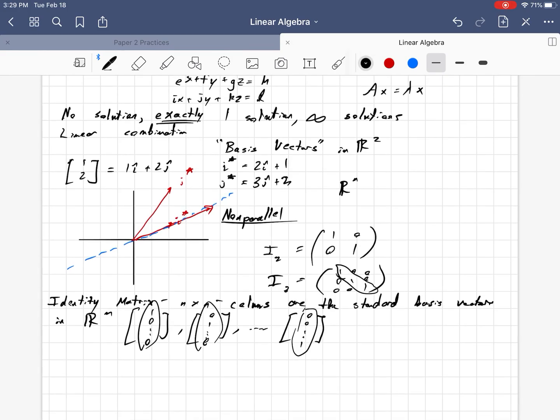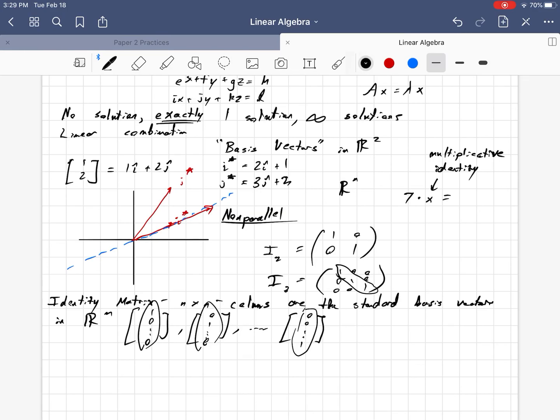And why do we call this the identity matrix? Well, let's go back to, not even thinking about matrices, but normal numbers here. Let's say we have the number 7, and we're looking for some number, call it x, and x is what we call the multiplicative identity.